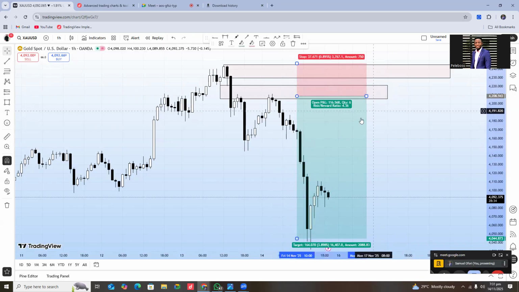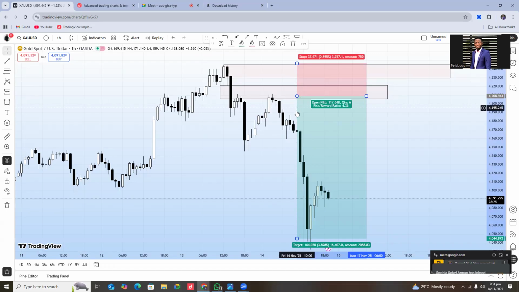Okay. So the point that I'm driving at is that when you are able to identify the blocks or the fair value gaps, you don't just enter once when price trades inside them or into them. No, you don't do that. Wait for price to give you a confirmation that indeed the sell you are waiting for is about to take place, or the buy you are waiting for is about to take place.